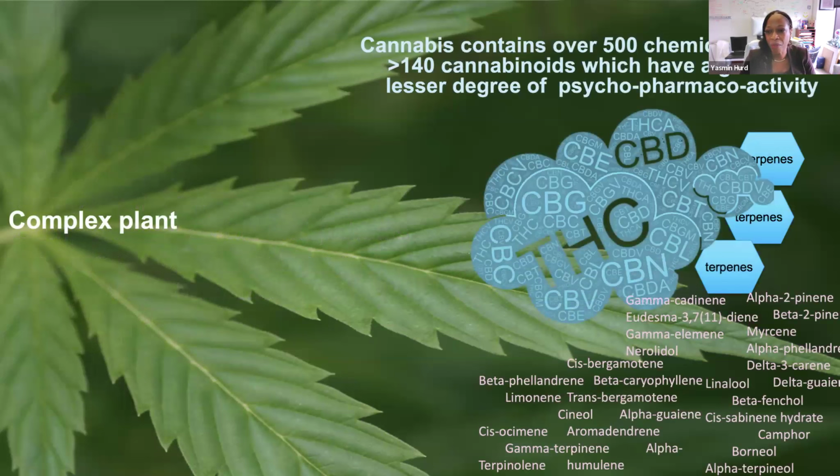First, starting with the complexity of the plant. Many people say cannabis treats this, cannabis treats that, or cannabis might be negative for this or that. But the cannabis plant contains over 500 chemicals. Over 140 of them are cannabinoids that have different degrees of activity on the body.